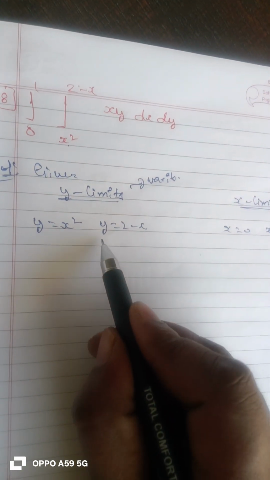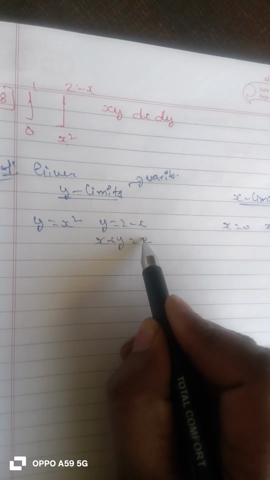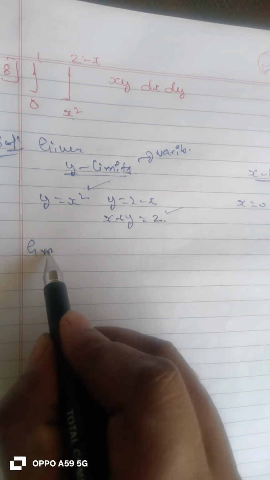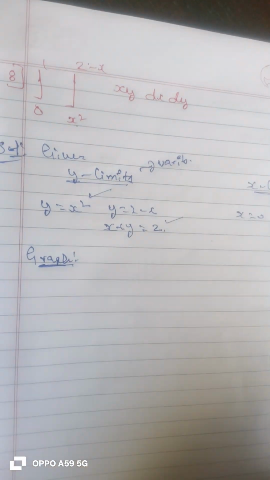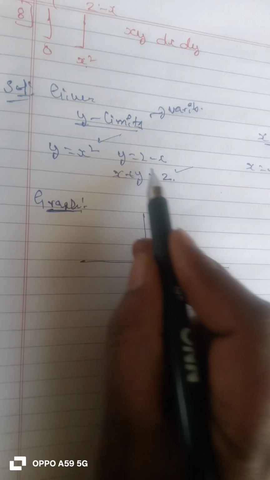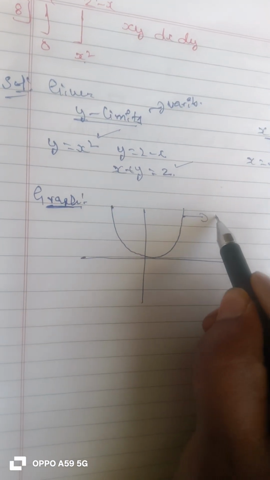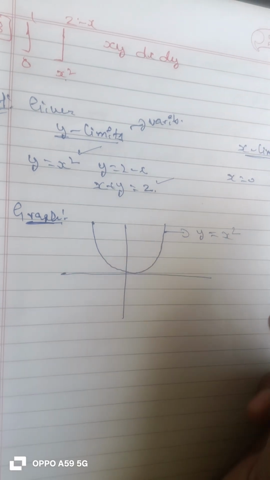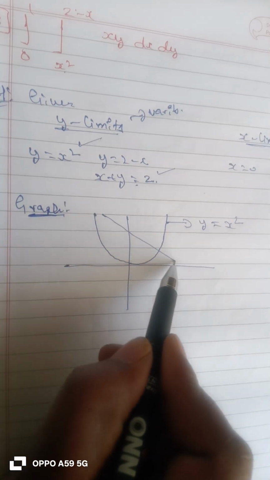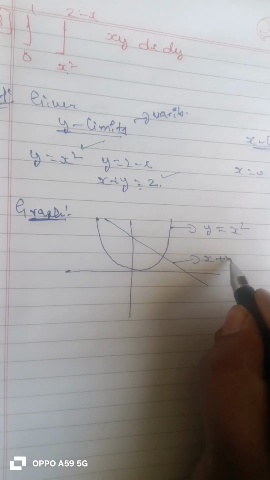So let me do the simplification. This is x plus y is equal to 2 we will get. So for this, let me draw the graph. Y is equal to x square, this is y is equal to x square, and x plus y is equal to 2 means we are getting this line, x plus y is equal to 2.